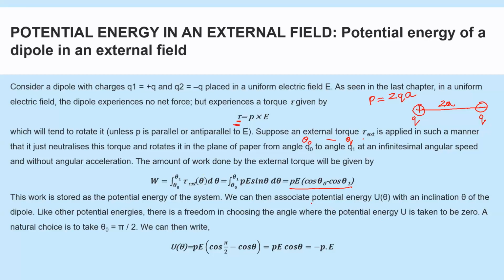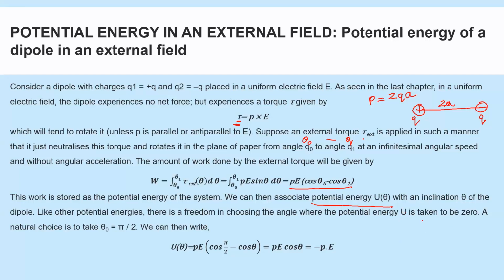So we are now going to consider the potential energy U theta, with an inclination theta for a dipole. As we saw, suppose we take an angle where the potential energy is 0.